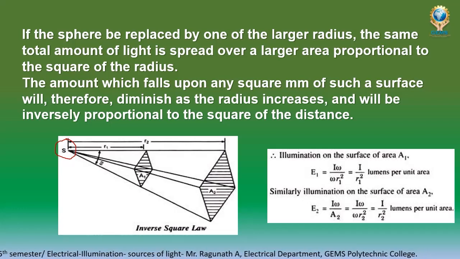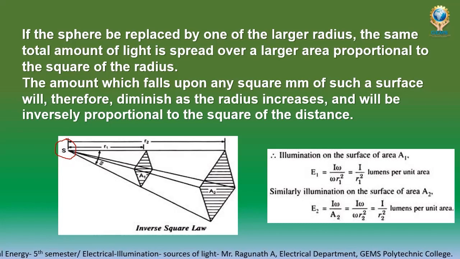We know that if the distance between the source and the surface increases, what will happen? Automatically the illumination will be reduced, right? So we consider this ratio. This distance R1 is between S and surface A1. Same like that, this is R2 between S and surface A2. So what will happen?